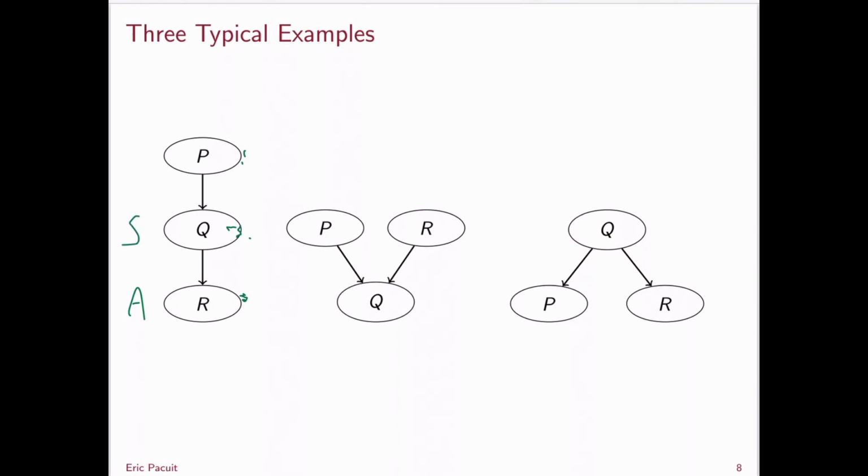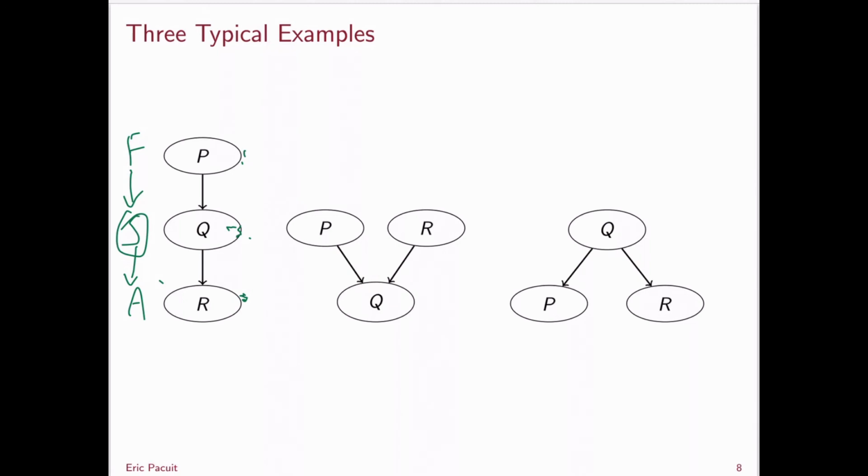Q is there is smoke in the room, and P might be there is fire. So if you hear an alarm, the alarm was caused by smoke, but what caused the smoke is fire. So hearing the alarm gives you information about the fact that there's a fire, but it's only indirectly through this middle variable, the smoke variable.